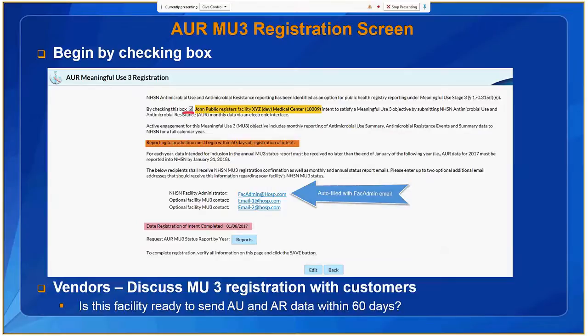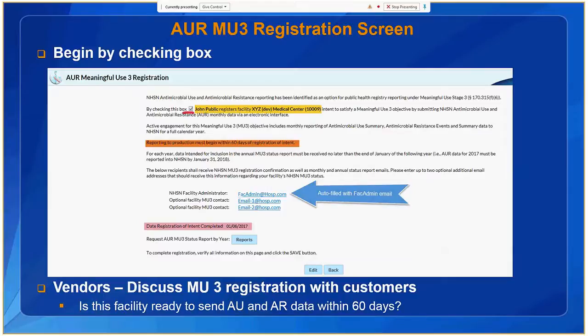Active engagement means they must report AU summary, AR event, and AR summary data for a full calendar year. And then per Meaningful Use rules, the reporting to production must begin within 60 days of registration. You'll see the facility administrator down below.